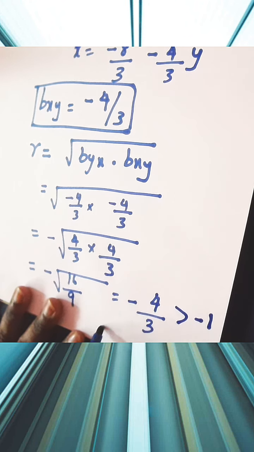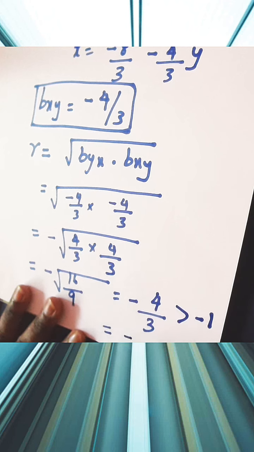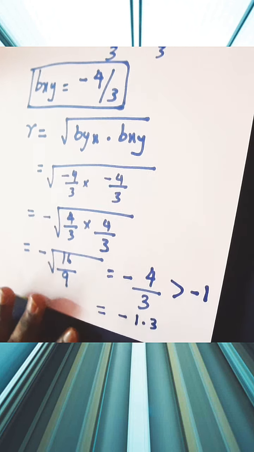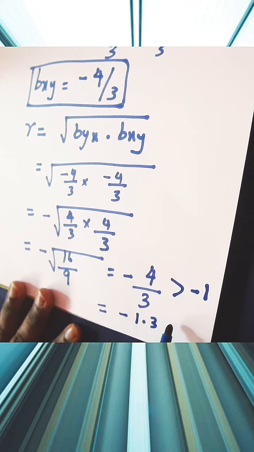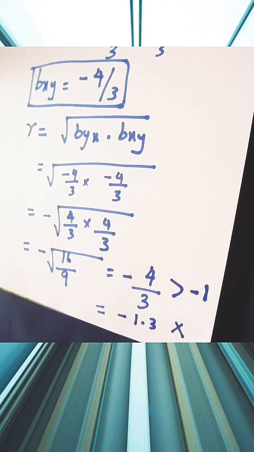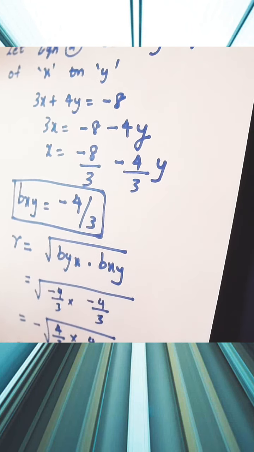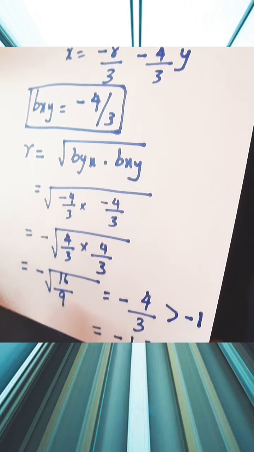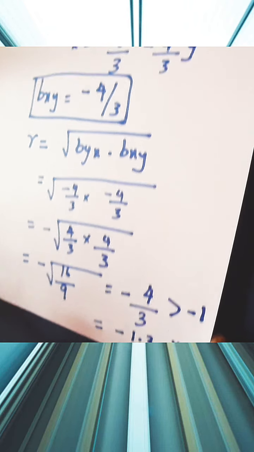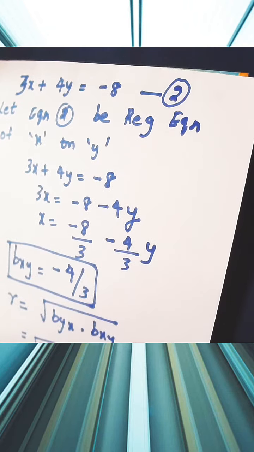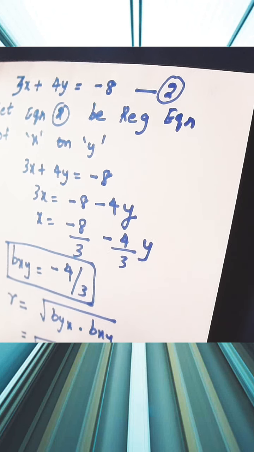You will be getting something like negative 1.33, which is definitely beyond negative 1. So r cannot be greater than negative 1 or positive 1 in magnitude, because r should lie between negative 1 and positive 1. So our assumptions are wrong.